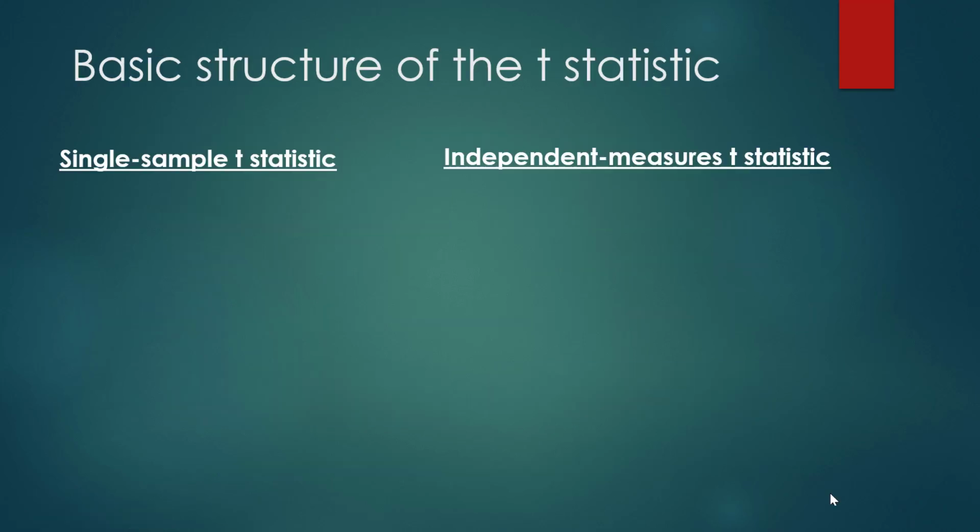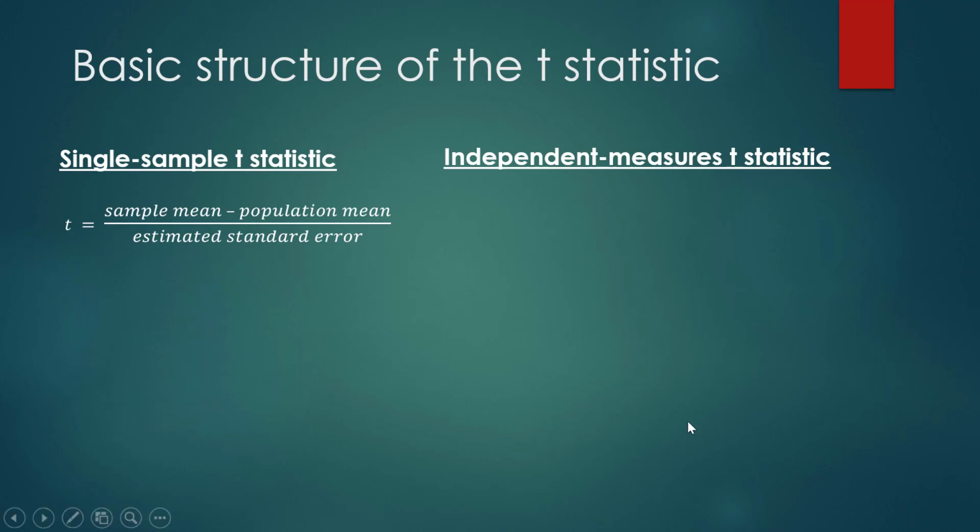Now we're going to compare the basic structure of the t-statistic. For our one sample t-test, we took our sample mean and subtracted the population mean. We had one sample and we were comparing it to the population mean, seeing the actual difference that we measured between the sample and the population. We compared that to our expected difference, which is our estimated standard error.